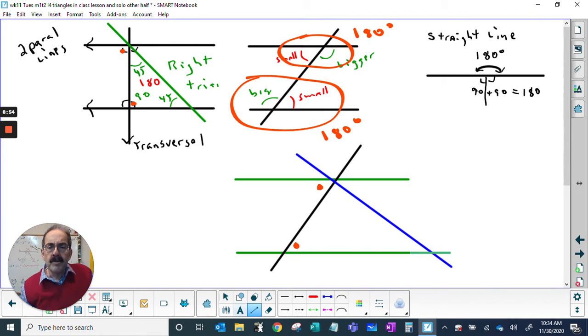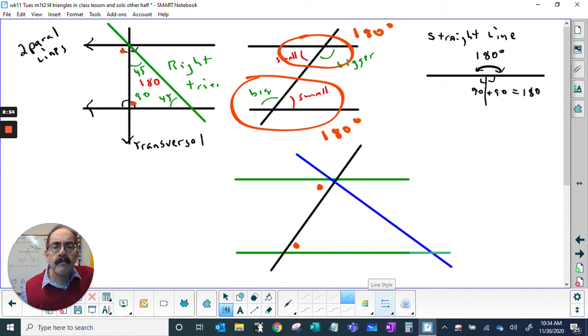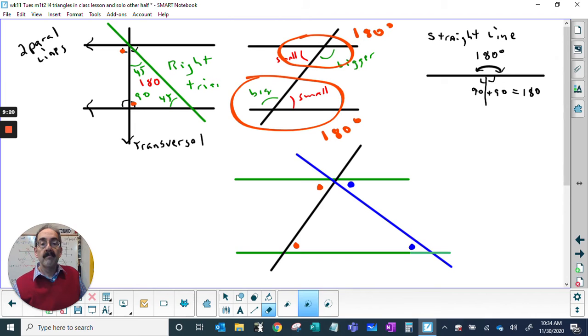I'm going to put a blue dot right here. That, as it got smaller, the same as that got smaller. You already told me that this is 180 degrees.